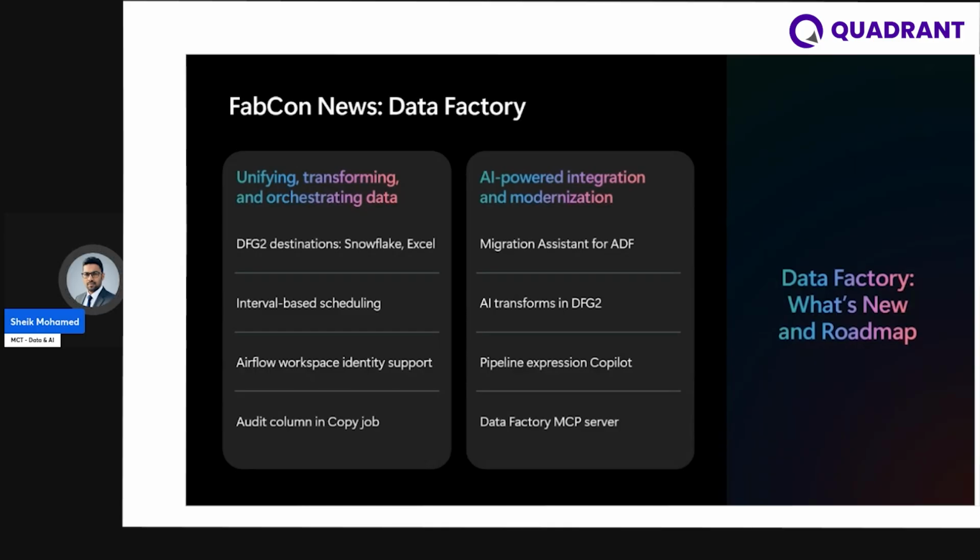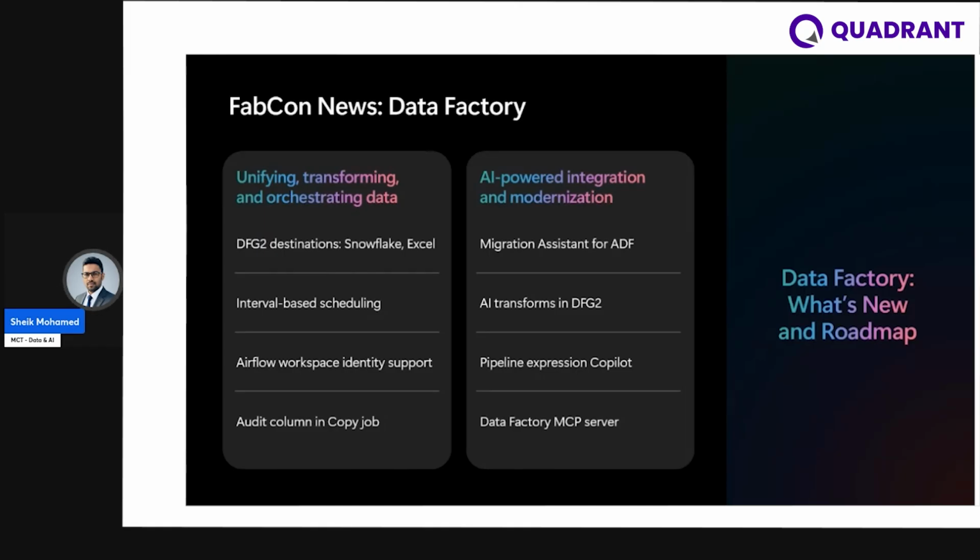So I think a few quick news items from the recent Fabric conference. As you can see here, the Dataflow Gen 2 destinations keep extending to Snowflake, Excel. We had Lakehouse, Eventhouse, some of the destinations. If you're planning to do all of the transformations upstream, if you're planning to build a Direct Lake semantic model, the support is getting extended at the destination level. And we have interval-based scheduling, then Airflow workspace identity support. So those are all on the unification, transforming, or orchestration side.